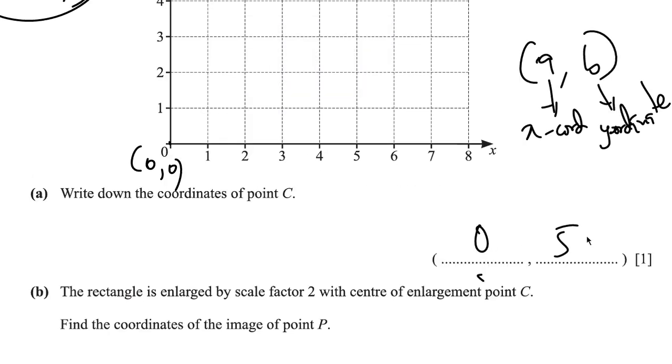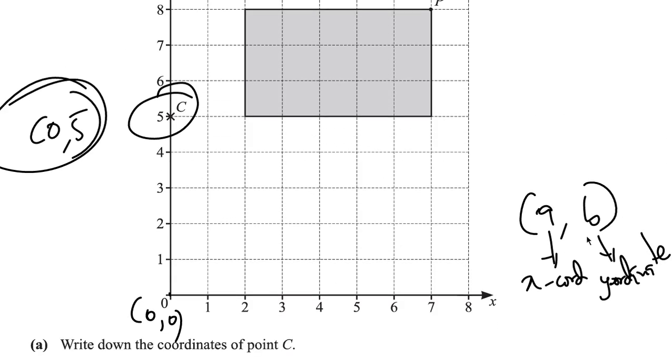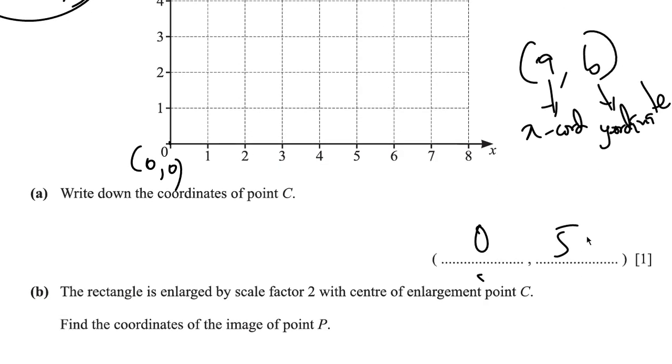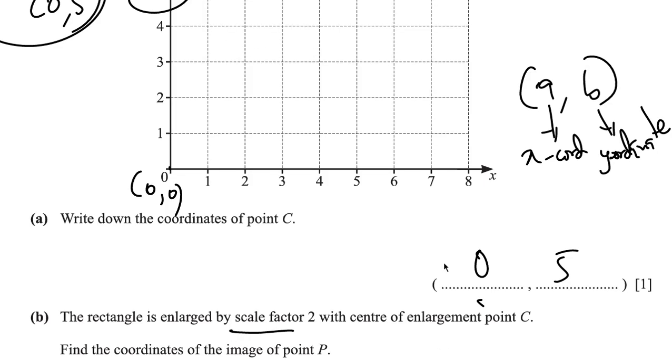Question B goes on to say, the rectangle is enlarged by scale factor 2 with center of enlargement point C. Find the coordinates of the image of point P. So it's enlarged by scale factor 2. And then the center of enlargement is C. Right?